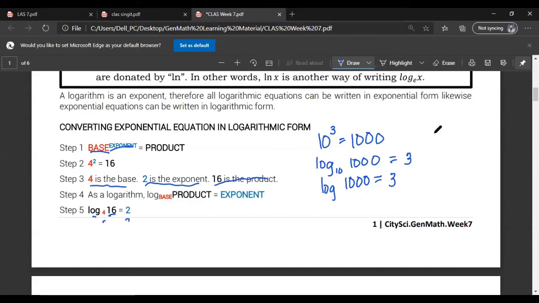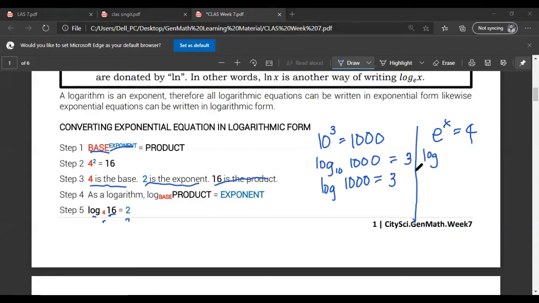Okay? How about if we have, kunwari, e raised to x is equal to 4. Ayan. Ano mangyayari? So we have, paano siya isulat? Logarithm of... Ano yung base?